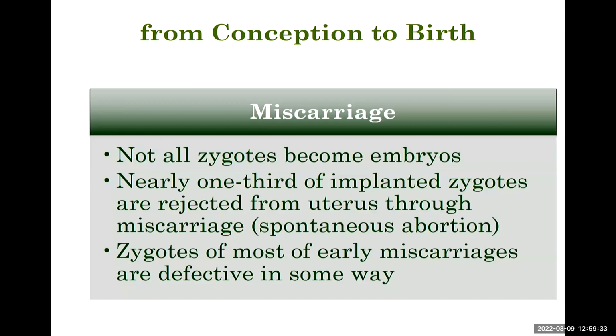Most of them are defective. Sometimes it's hard if you're actually trying to get pregnant, but most of the time there's a very good reason why the uterus did not accept it. And this is without being exposed to anything bad. Maybe you were exposed and that's why it's defective, but it can just happen for different reasons.